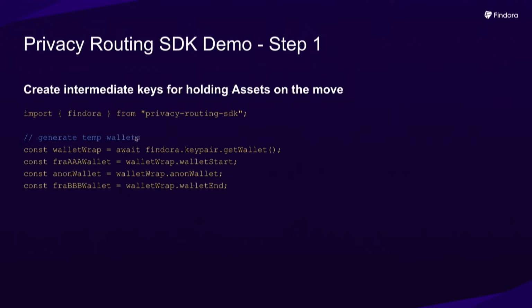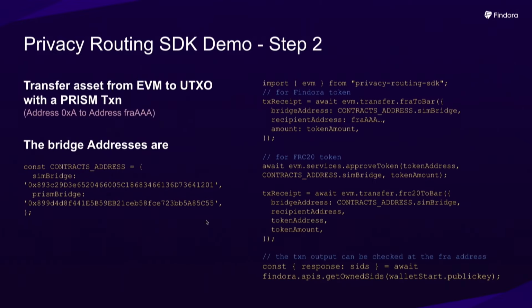As I had said earlier, there's a simple way to create the intermediate wallets, and of course to keep them anonymous. The second step becomes the transfer from the EVM to the UTXO chain, and there are some differences in the way you transfer the FRA token or the FRC20 token.